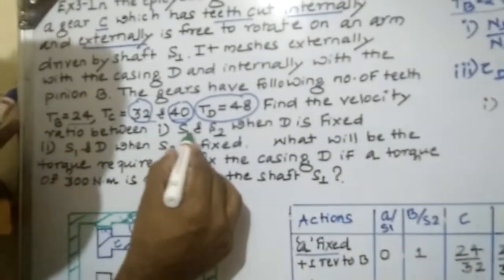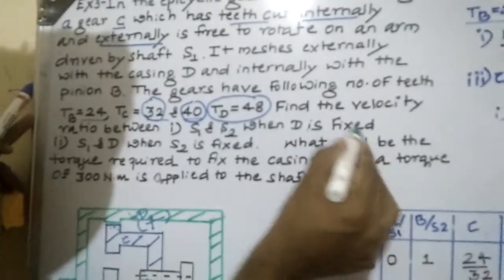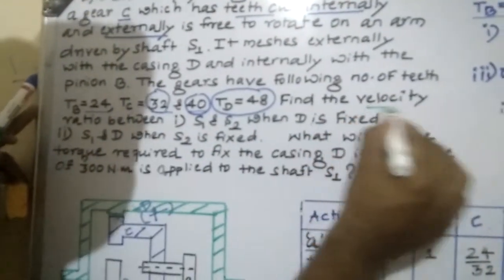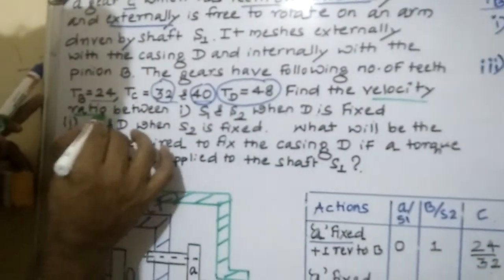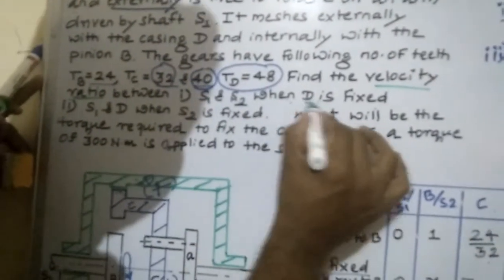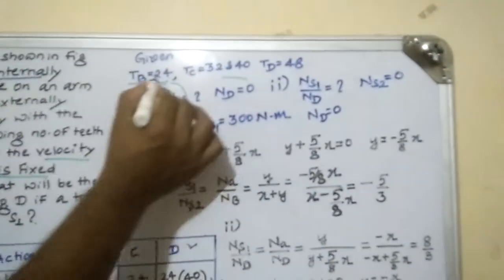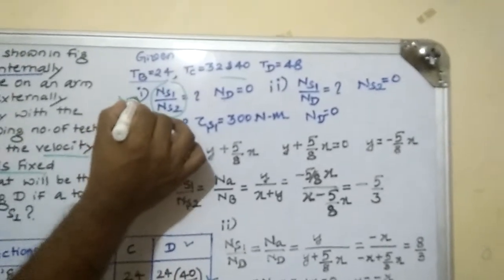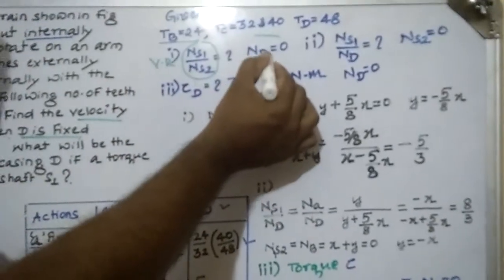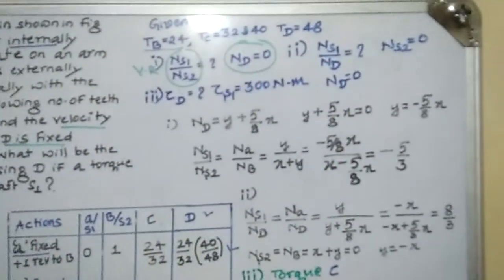For the first case, S1 and S2, when D is fixed, you have to find the velocity ratio between S1 and S2 when D is fixed. D is fixed means the speed of ND is 0.